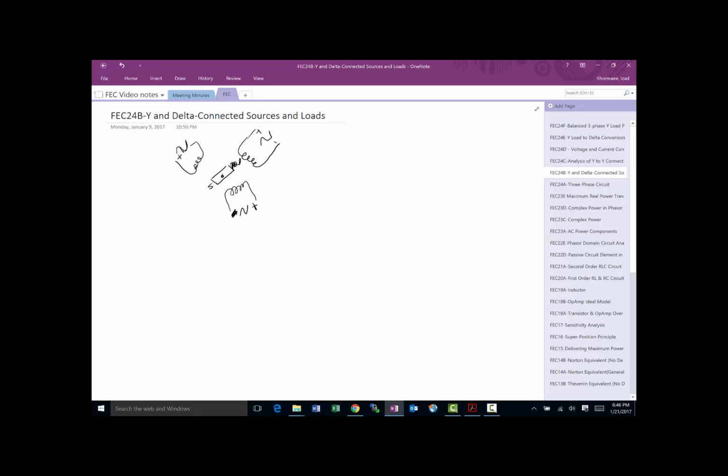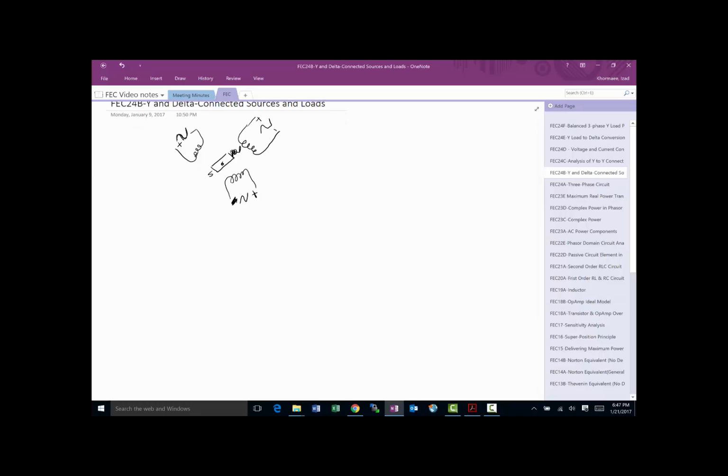So we've got three sinusoids, and depending on how we connect them, we end up with two fundamental configurations, and in each we could have a positive sequence or a negative sequence. By correctly connecting the pluses and minuses of these sources, we get the different configurations.